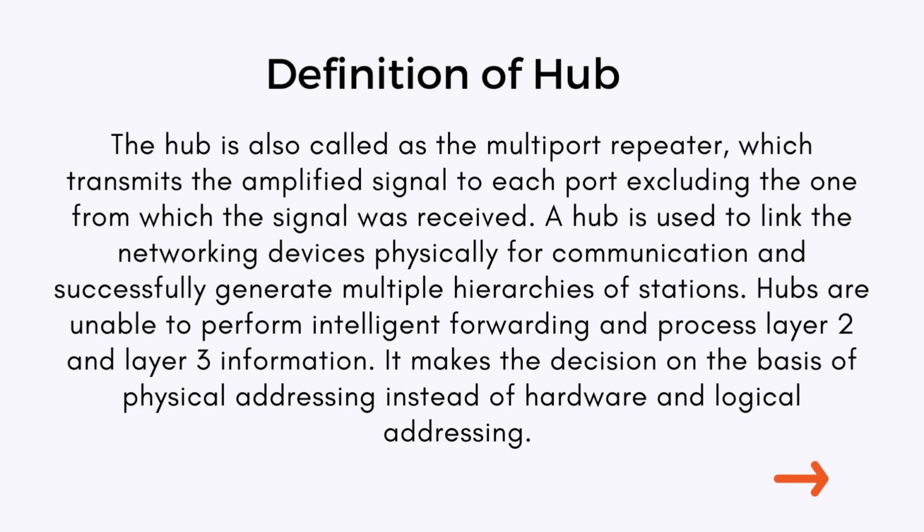Hubs are unable to perform intelligent forwarding and process layer 2 and layer 3 information. It makes the decision on the basis of physical addressing instead of hardware and logical addressing.